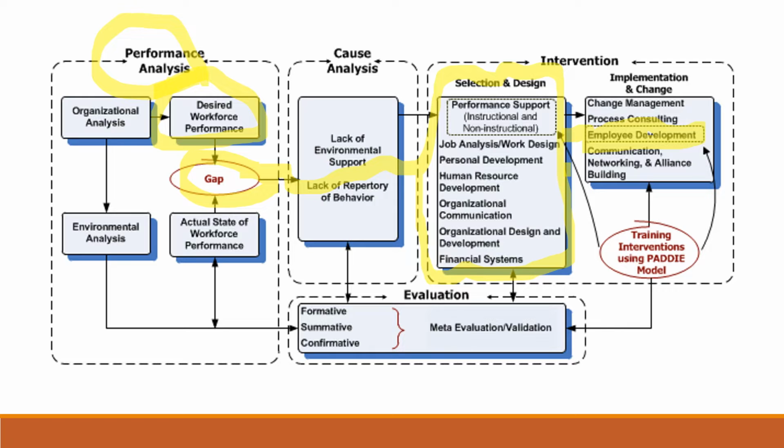This offers possible solutions to the identified gap or problem. Implementation. These are the strategies needed to change the current performance. And in the process, we are evaluating with formative, during, which can be things like quick checks for teachers; summative, how effective is the intervention and the implementation; and confirmative, the long term.